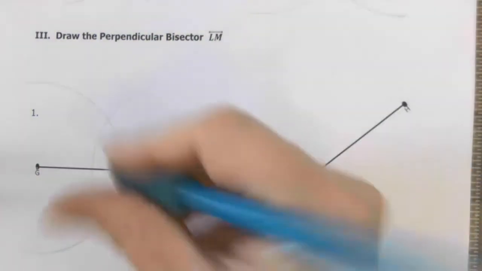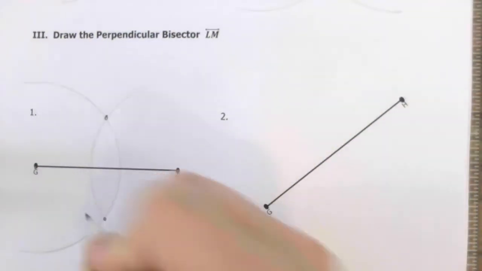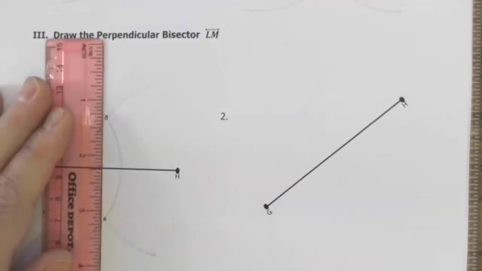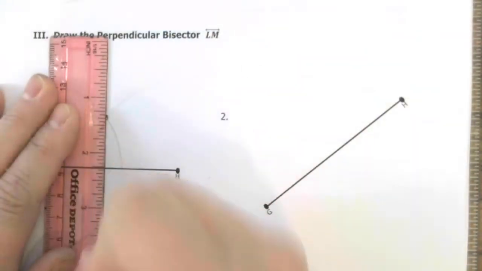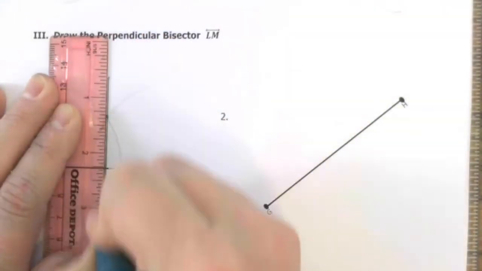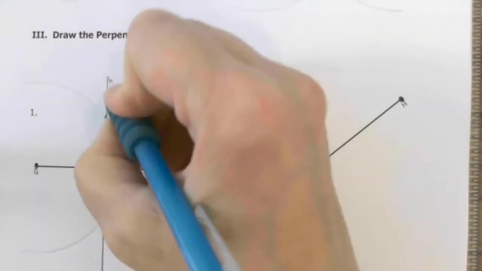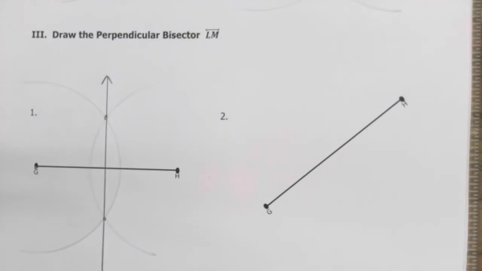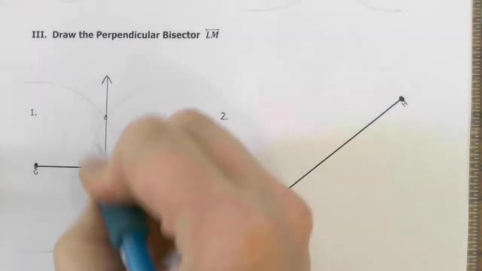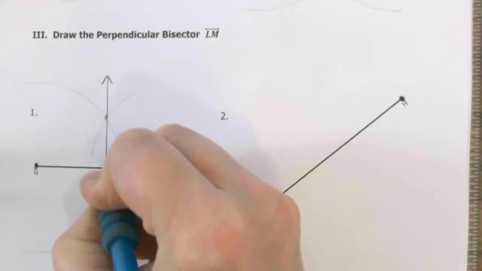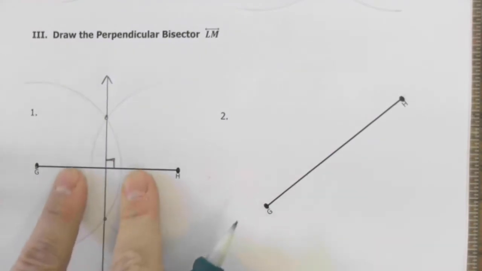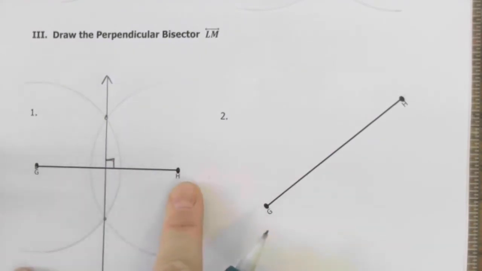Now, because this is an actual line, not a point, we are going to draw a line through the intersections of the arcs. And it is a line, so go ahead and give it some arrowheads. This line, as you can see, is perpendicular or 90 degrees, and it also bisects G and H.